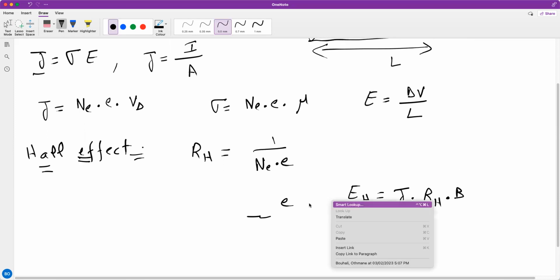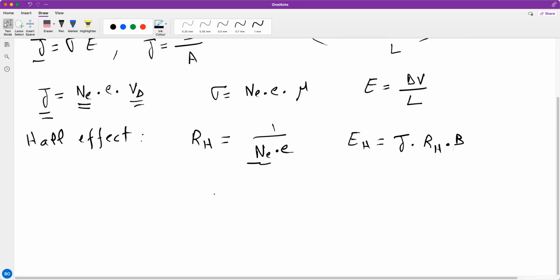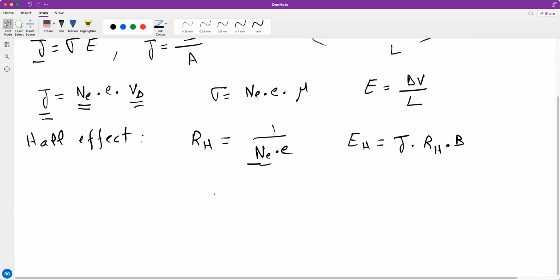I think one important issue here is to know how to apply the magnetic field, whether it is the right-hand rule or whatever equation, as a tool to understand in which direction the electrons are going.